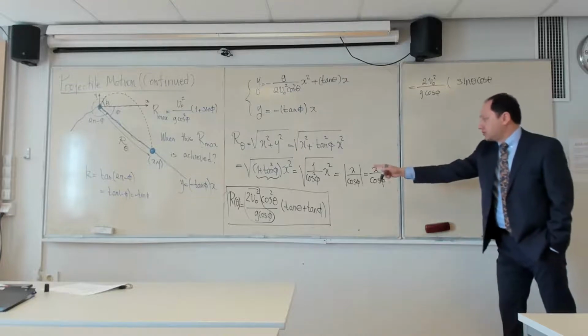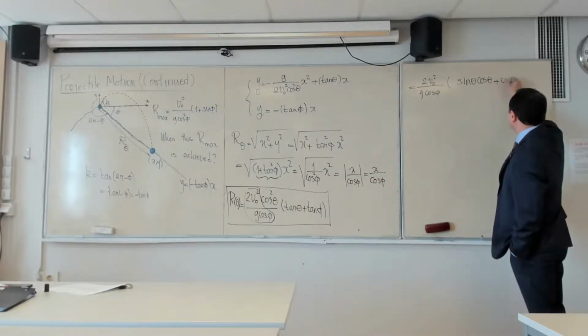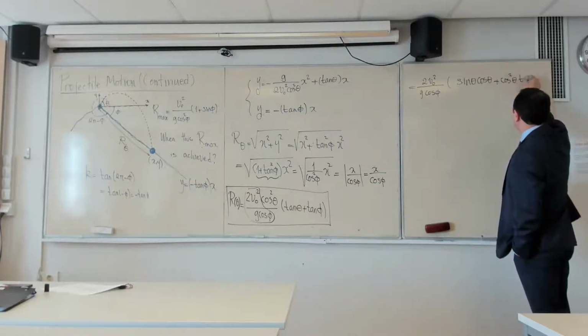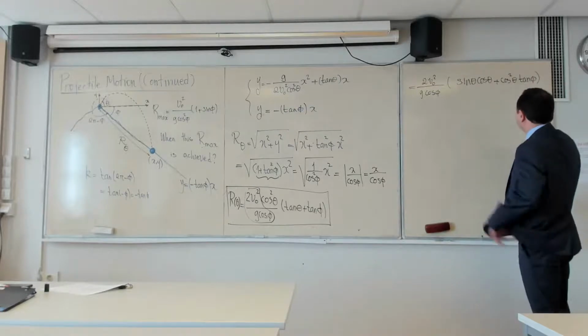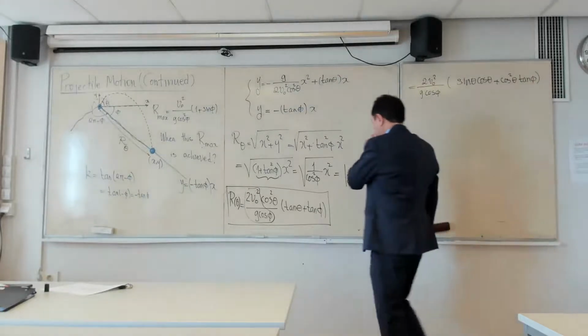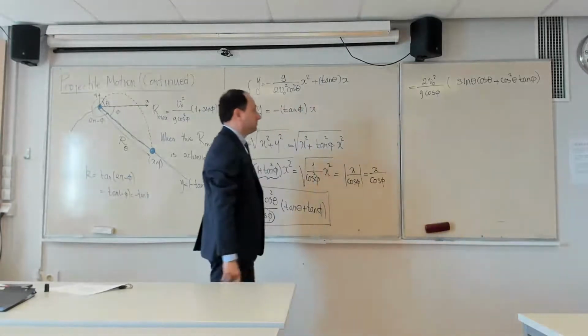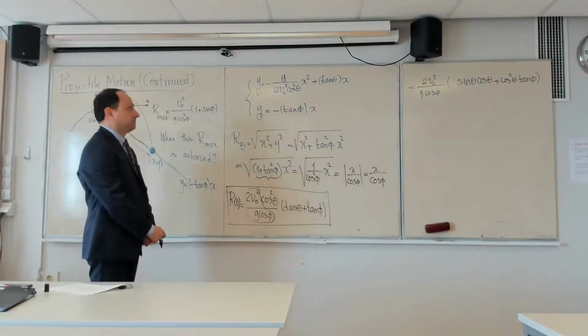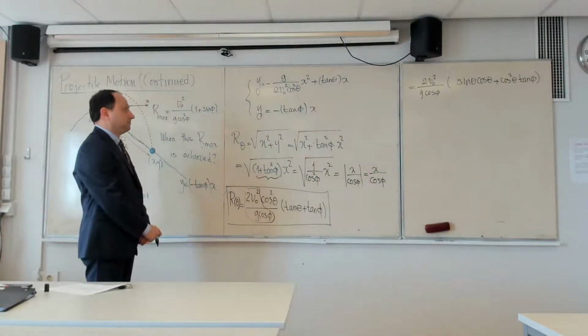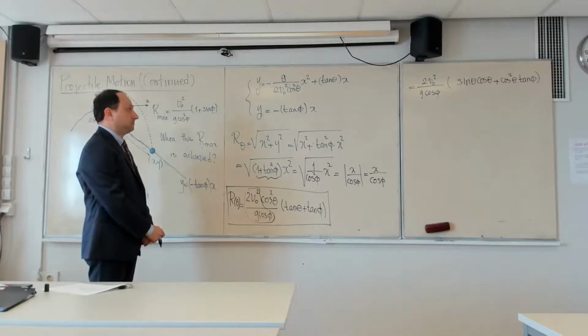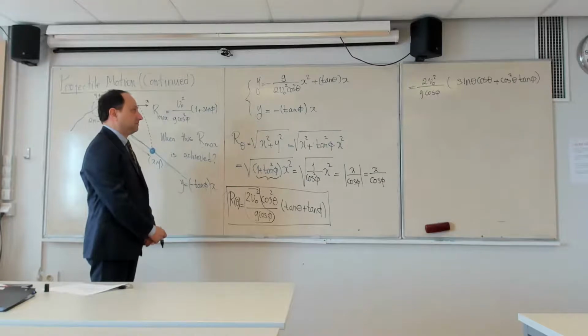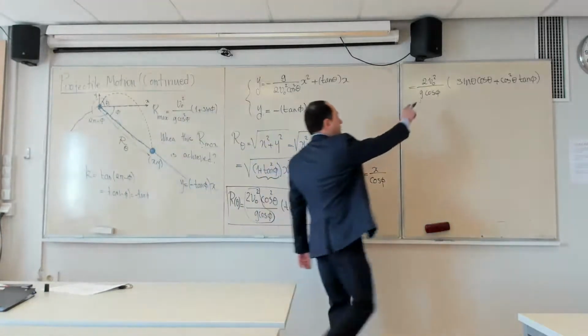And then I multiply cosine squared in that one. And if you don't mind, let me multiply 2 inside.